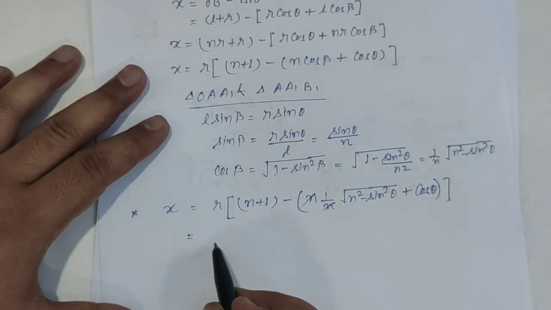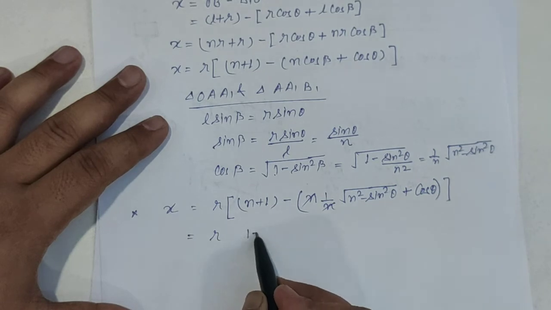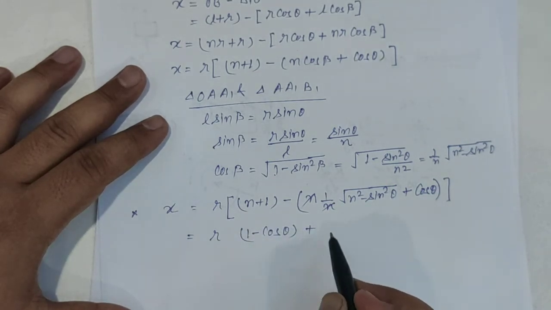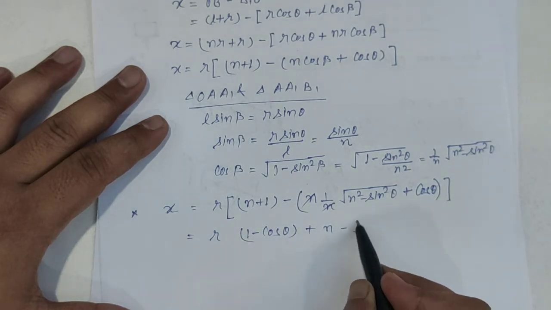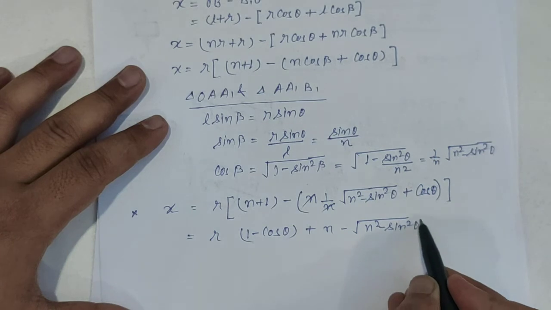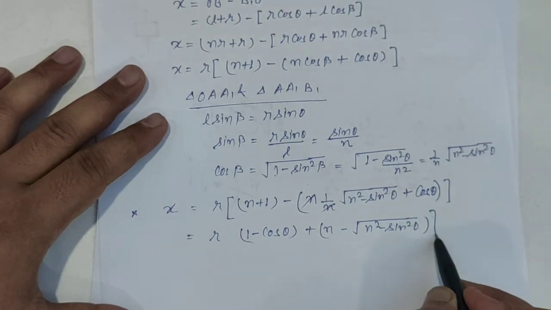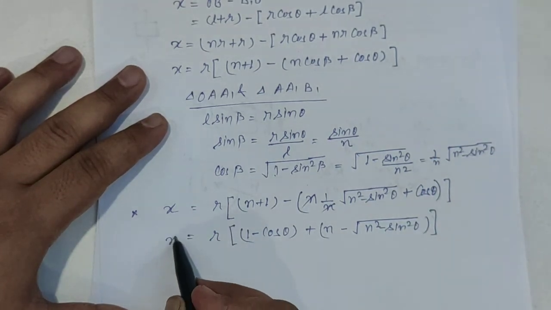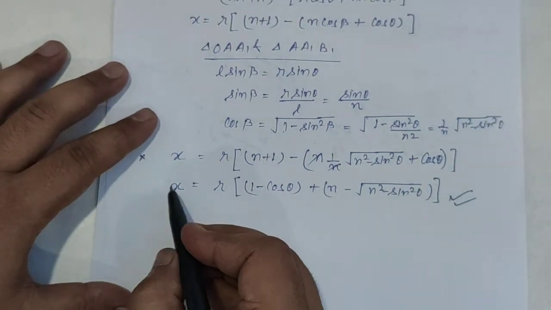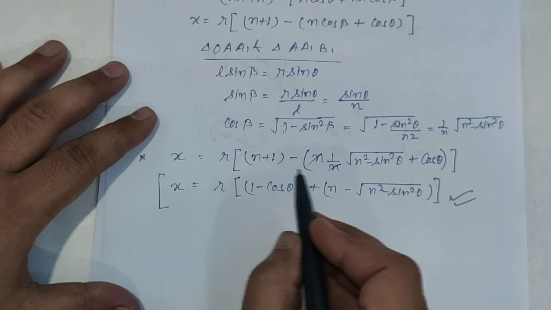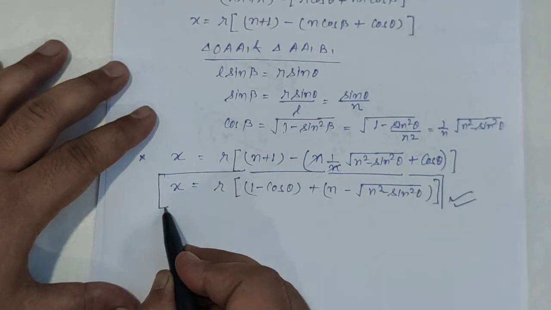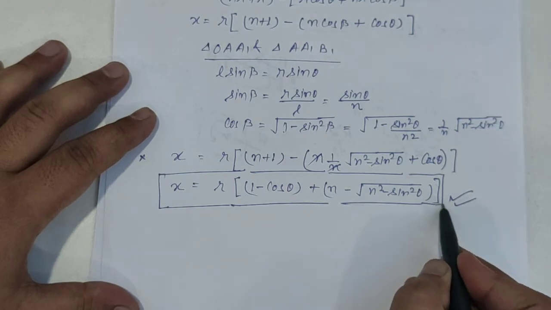Finally, rearranging, this is 1 minus cos theta plus n minus under root of n square minus sin square theta. So this expression is the displacement of the piston.